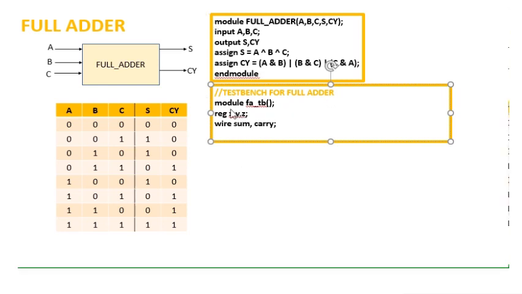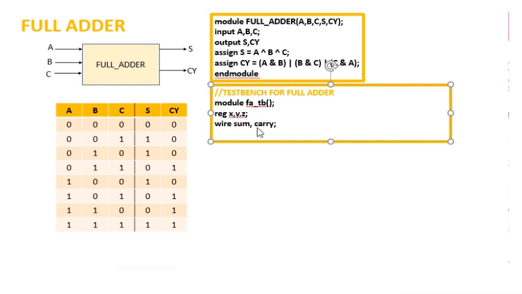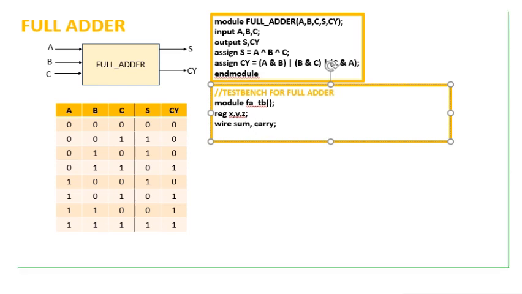There are 3 inputs for a full adder, that's why I have taken X, Y, Z as the inputs, which I have declared as reg as per the port connection rules, and 2 outputs, that is sum and carry, I have declared as wire. Here deliberately I have taken different names for the signals.